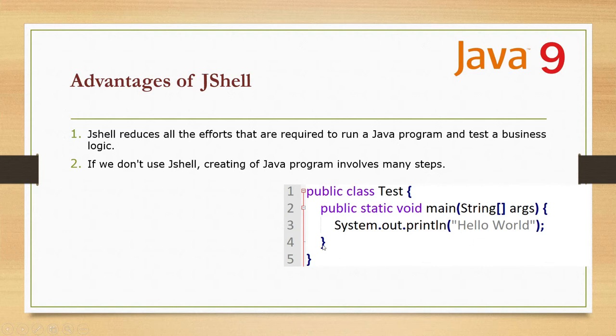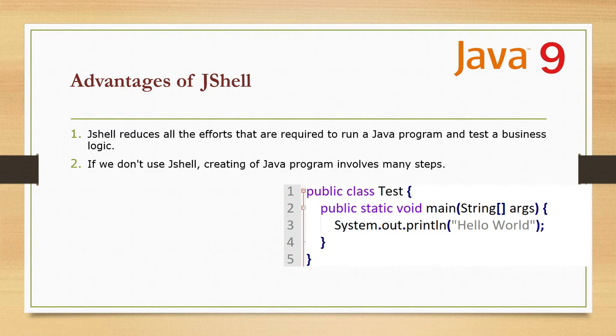Finally you need to close the main method, and then close the class. So look at the number of lines of code. There are 5 lines, so at least you need to write a minimum of 5 lines of code to print just a welcome message. If you have a package name, then you have almost 6 lines of code in total.